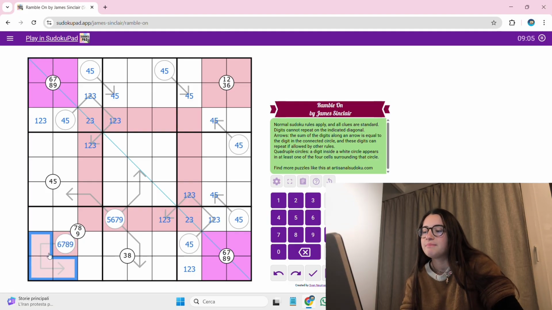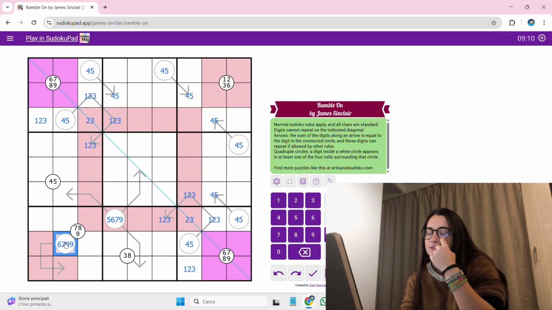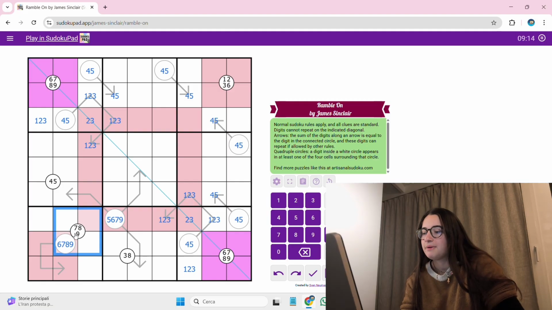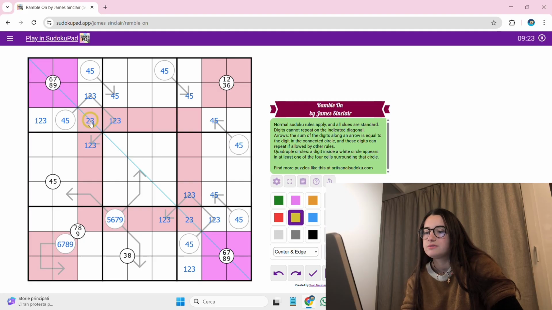Because here the minimum that we can have is 1, 2, 3, which is 6. So we need at least a 6 here. But it could be 7, 8, or 9 with no problems. So this must be different. So this might be a cross.